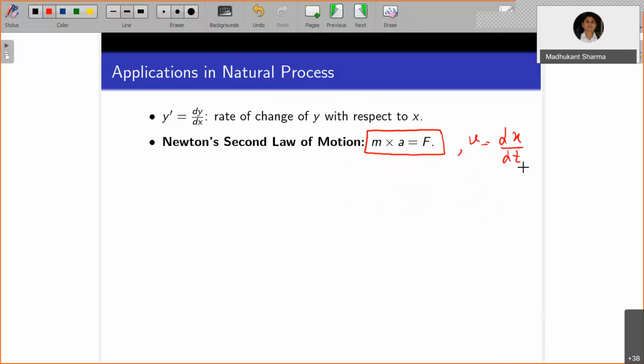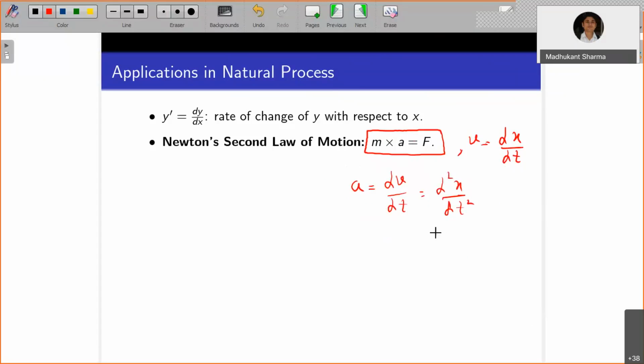Velocity is the rate of change of displacement with respect to time, and acceleration a equals dv by dt, which is nothing but d square x by dt square. Suppose you have a body of mass m falling freely from, say, the 5th or 6th floor, and the only acting force is gravity.